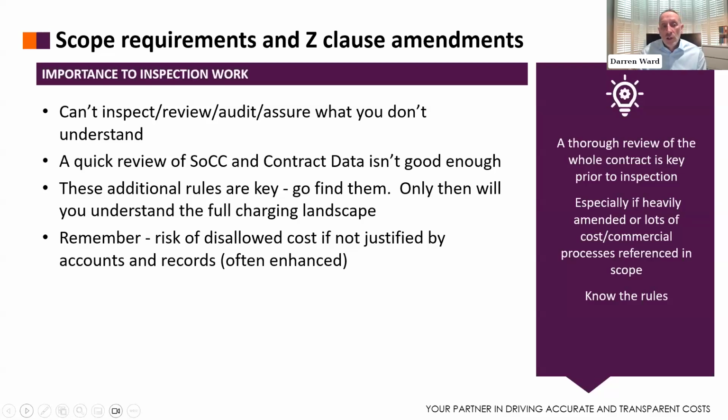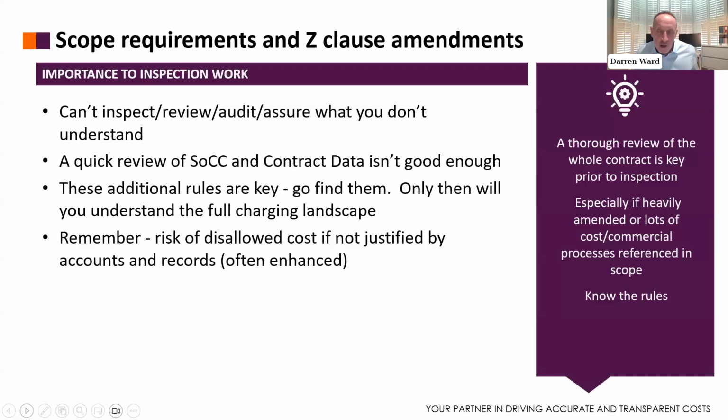Yeah. So, you have to remember here, there is a risk of disallowed costs if those costs are not justified by the accounts and records. And it's the Z clauses and the scope requirements that can enhance those records. So it's really important that you dive deep and go looking.